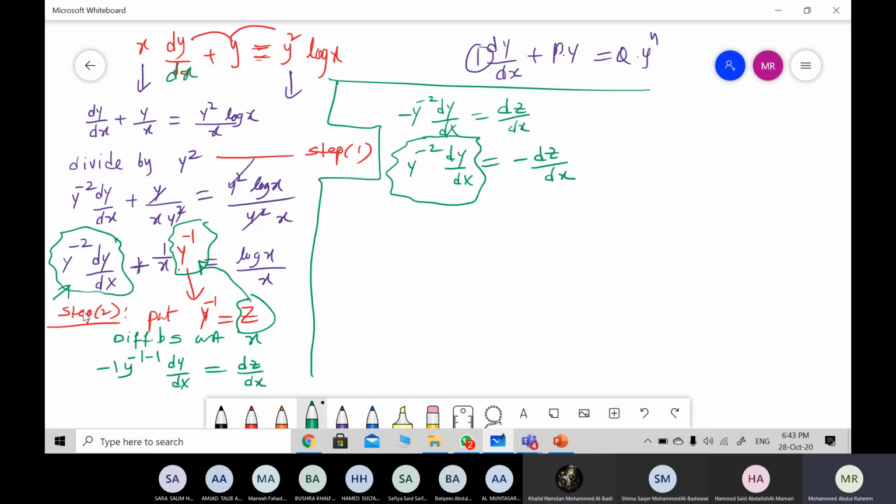MashaAllah. So this, we need to write minus dz/dx here. This will be this one, minus dz/dx plus 1 over x, y power minus 1, how much? z. Wait, one second, I will change my network.